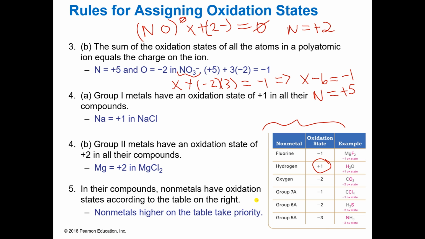All right. So again, the rule is most electronegative gets first dibs for the negative oxidation state number if we only have nonmetals involved. And we're going to treat many of them with an oxidation state number that is very similar to its charge. However, oxidation numbers are not a charge.